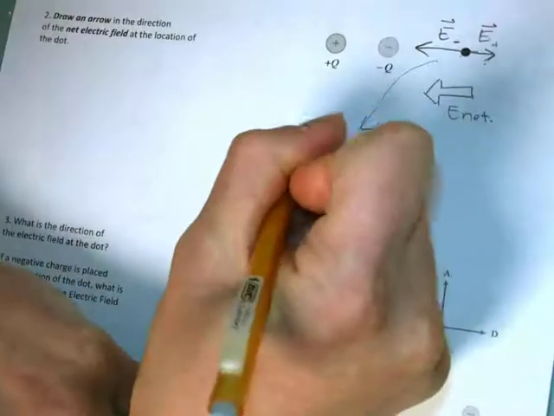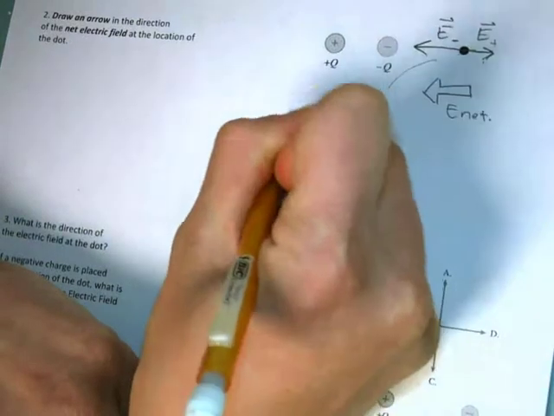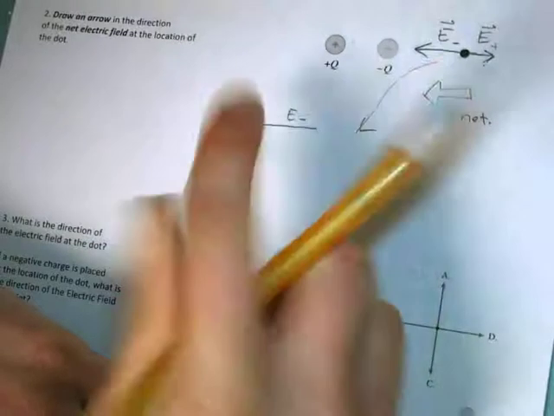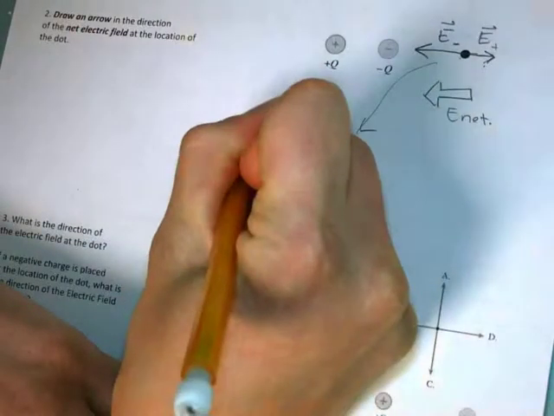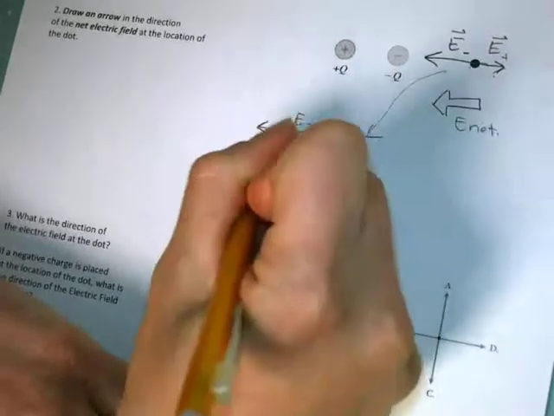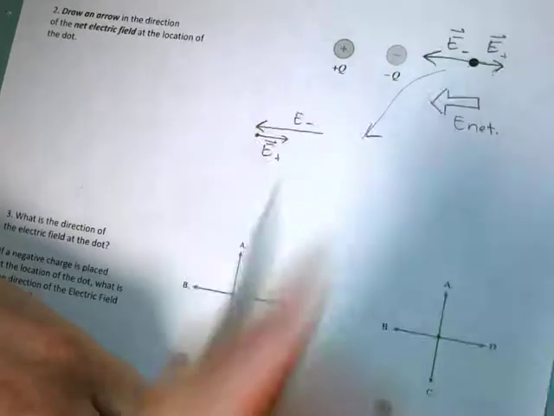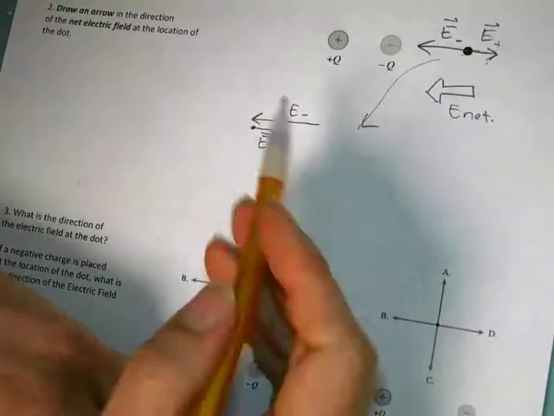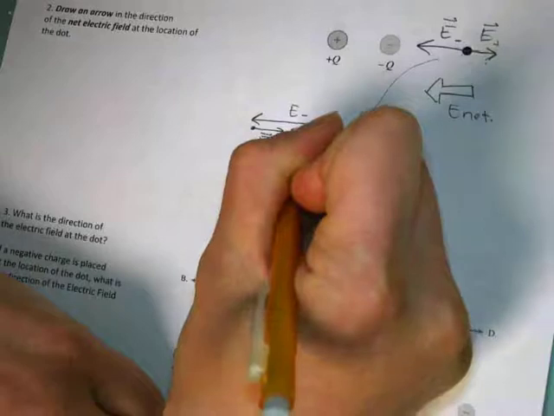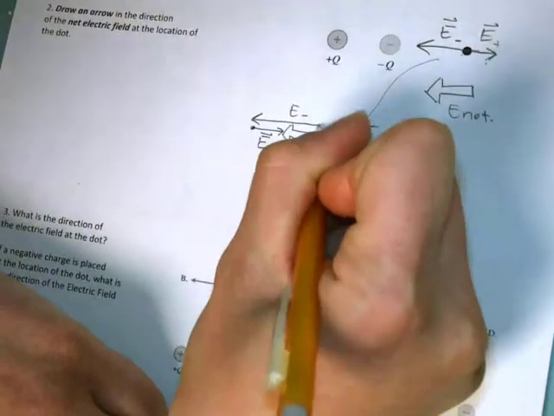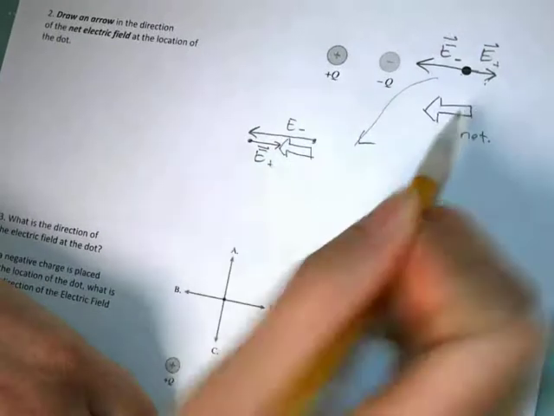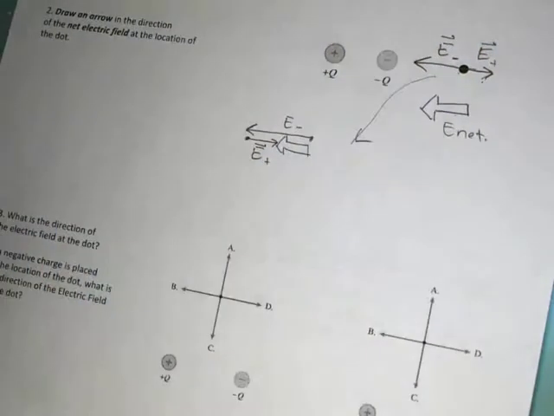So that would be rewriting that as we're going to go to the left, E minus, and then I want to imagine picking this one up and putting it so that the tail of the second one overlaps on the head of the first. Here I have to offset them a little bit because otherwise that would be hard to visualize. So we're going to the left a lot, to the right a little, and our net resultant vector would go from the beginning of the first to the end of the last, so it would point to the left. Either way, you get the same answer.